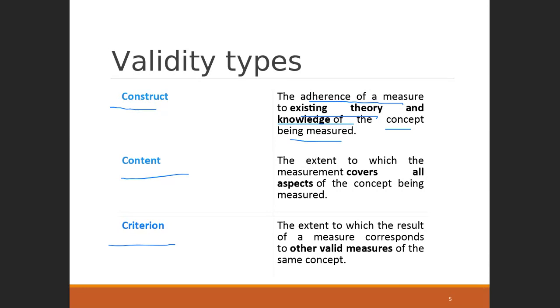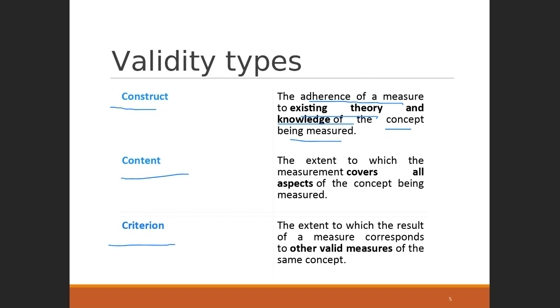Or is it actually measuring the employee's engagement in the work, or the employee's commitment with the organization, or some other construct? So construct validity is basically concerned with the evaluation of whether a measurement tool really measures the thing that we are interested in measuring. Okay, so this is construct validity.